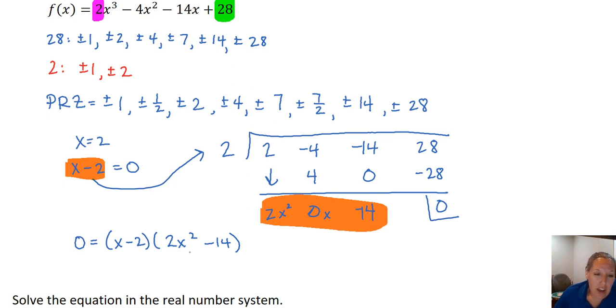X minus 2 we can't factor anymore, but x minus 2 equals 0 gives us x equals 2. And then we can finish factoring this one, factor out a GCF of 2. So we'll get 2 times x squared minus 7.